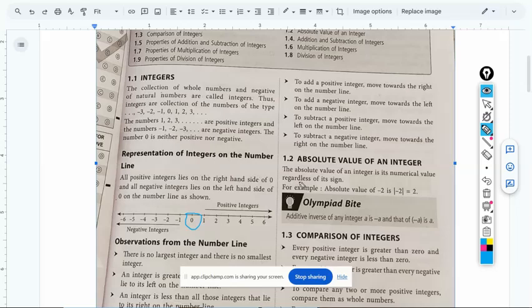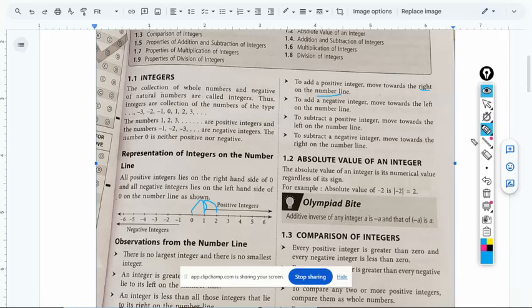Now we are going to learn about addition and subtraction of integers. If you want to add a positive integer, we have to move to the right side on the number line. For example, we can take any number, say 0. If I want to add 2 to 0, 2 is a positive integer, so 1, 2. 0 plus 2 equals 2.